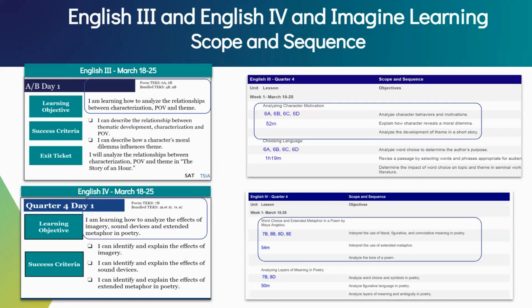I know that Maya Angelou was not a British author. However, what we're focusing on here is the building and developing of the skill, not necessarily historical accuracy or maintaining the historical time periods of the literature that the students are reading.